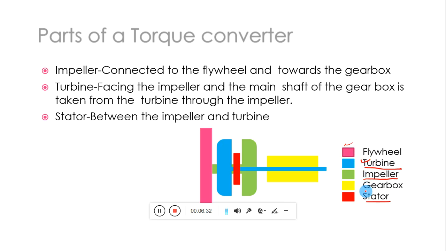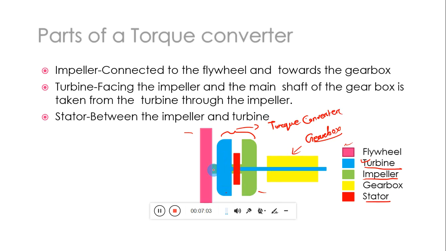From the color you can guess: this is the flywheel, this is the whole setup of your torque converter, and this is your gearbox. This is the turbine and this is the pump.